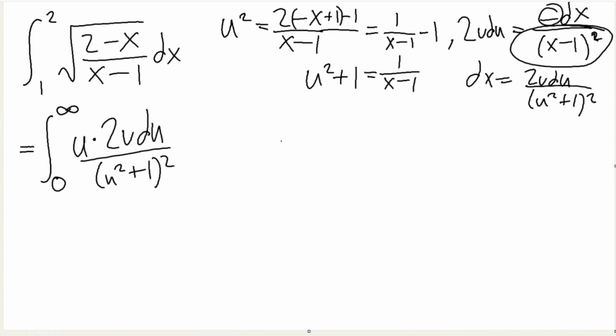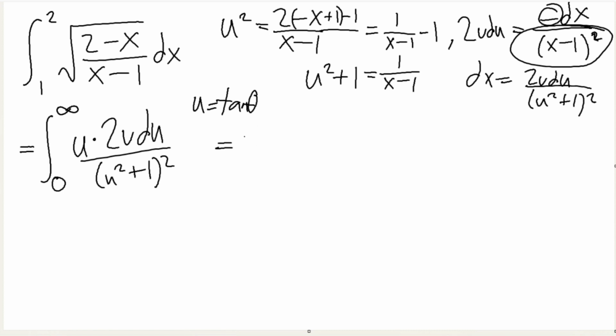Okay, now this looks ugly. I see a bunch of u squares. So to put this in nicely, we're just going to trig sub it. Let u equal tan theta. And so that now this could be a lot nicer.